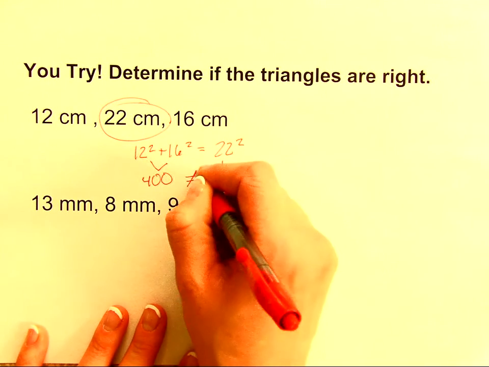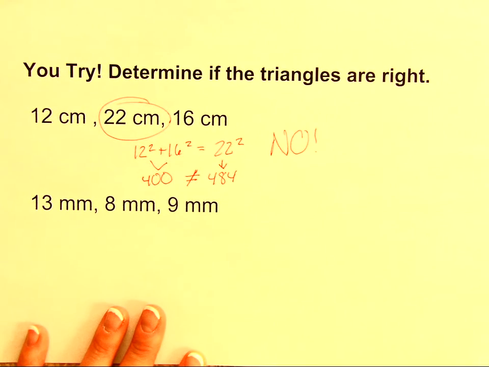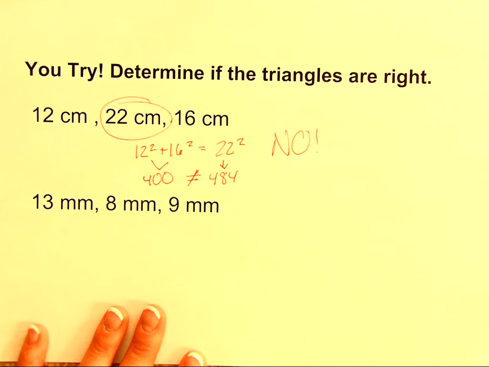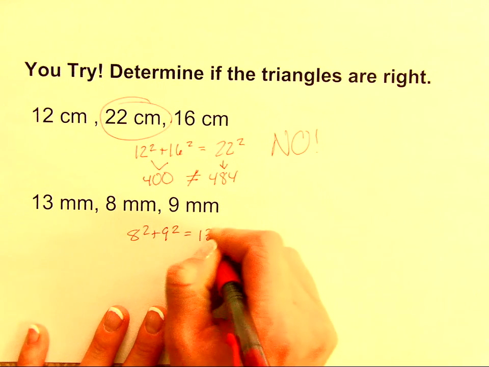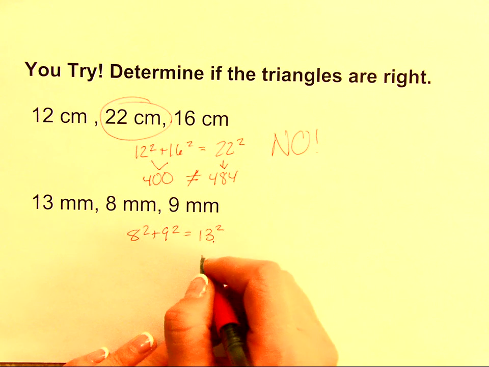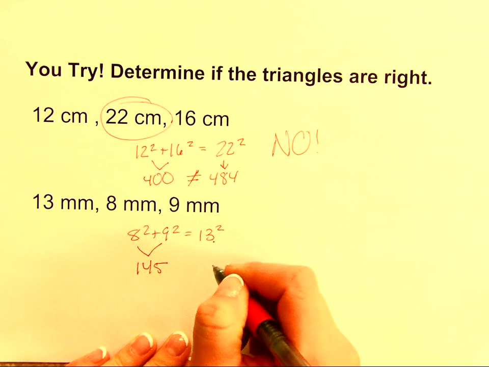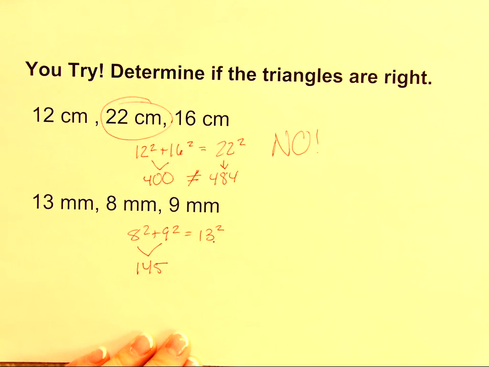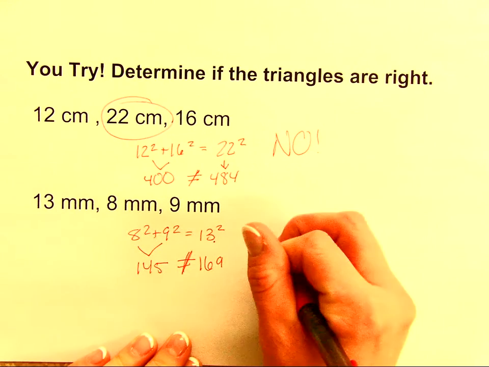Those do not equal each other, so that's not a right triangle. Okay, 8 squared plus 9 squared is equal to 13 squared. 13 is my larger side, so that's my hypotenuse. These simplify to be 145. 13 squared is 169. So these are also not a right triangle.